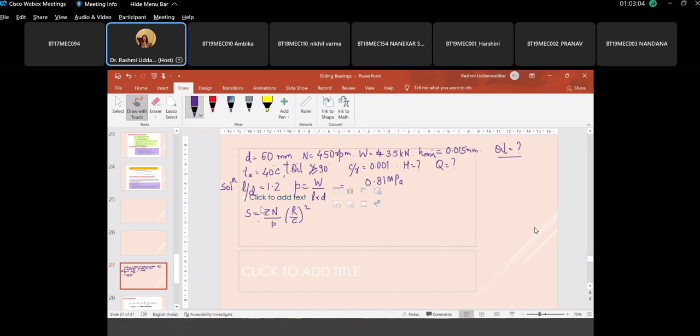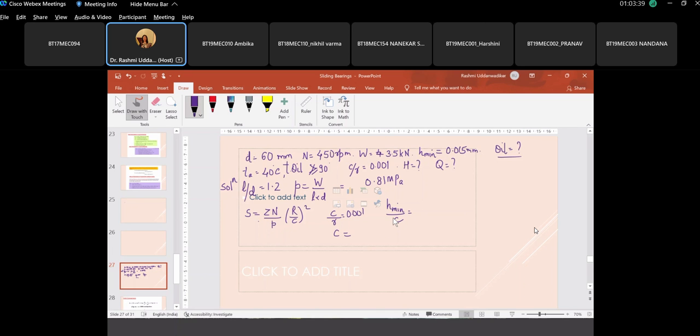If we get the Sommerfeld number for this L by D ratio, we can get the value of Z. We also have H minimum by C. This is known to us because C by R is known to us, R is known. So H minimum by C is also known. If C by R is known, give me the value of C, give me the value of H minimum by C, and then we refer to the graph for Sommerfeld number versus H minimum by C.